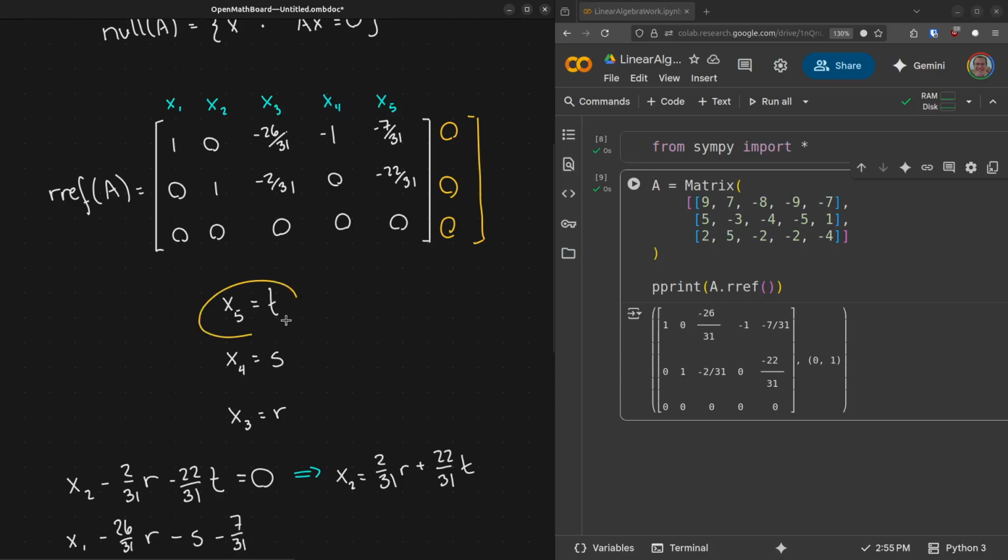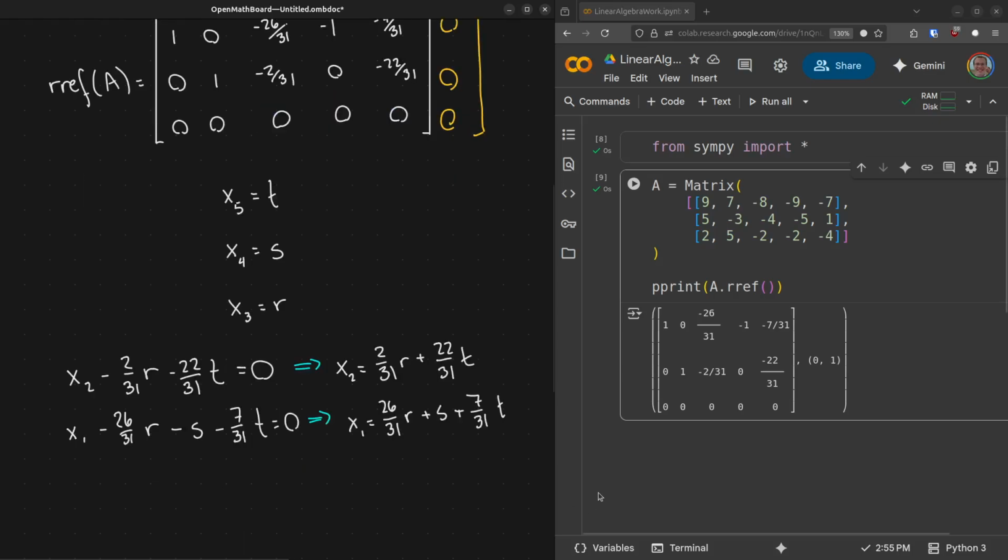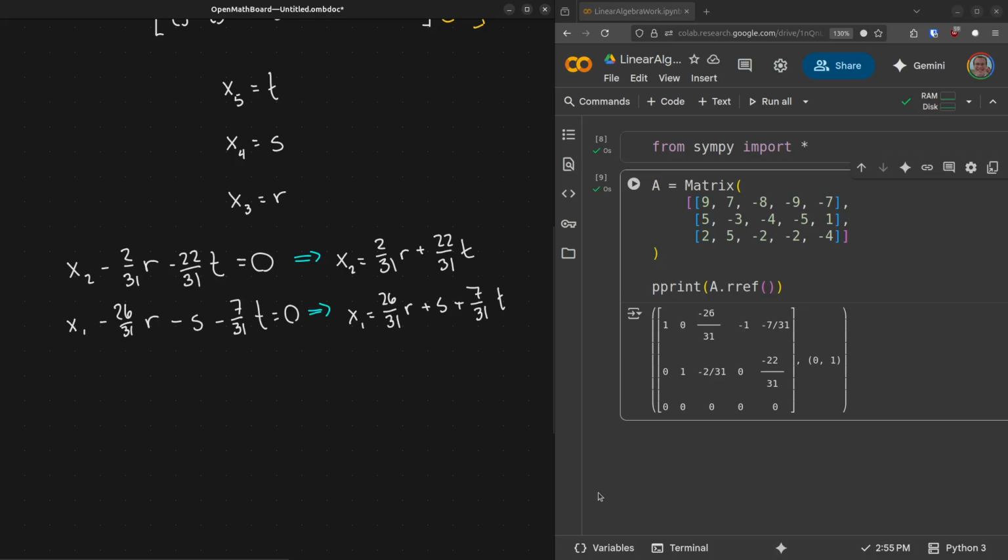But x5 is equal to my free variable t. So if I solve for x1 by moving these three terms to the other side, I get x1 is equal to 26 over 31r plus s plus 7 over 31t. Okay? So that characterizes the general solution. Let me write it in vector form because it's going to make things a little bit easier here.